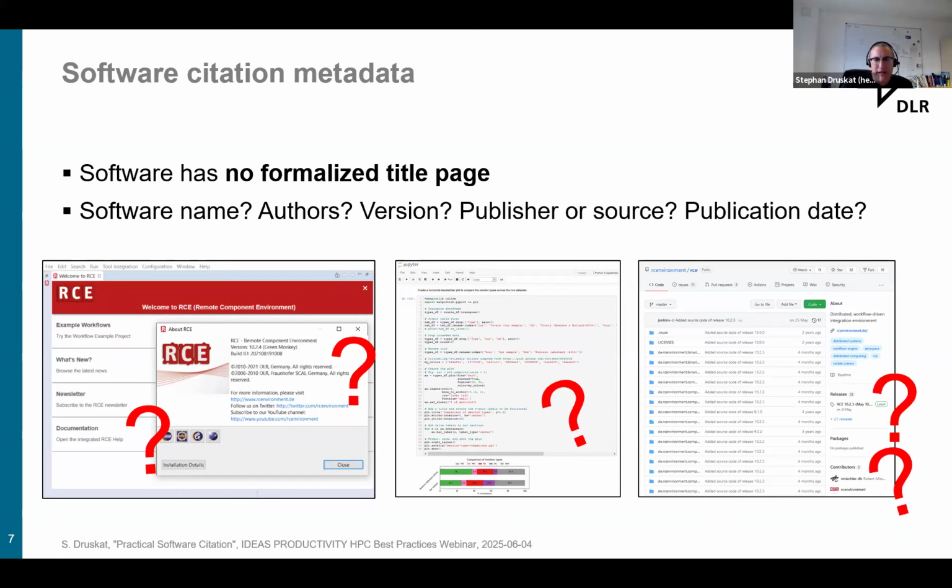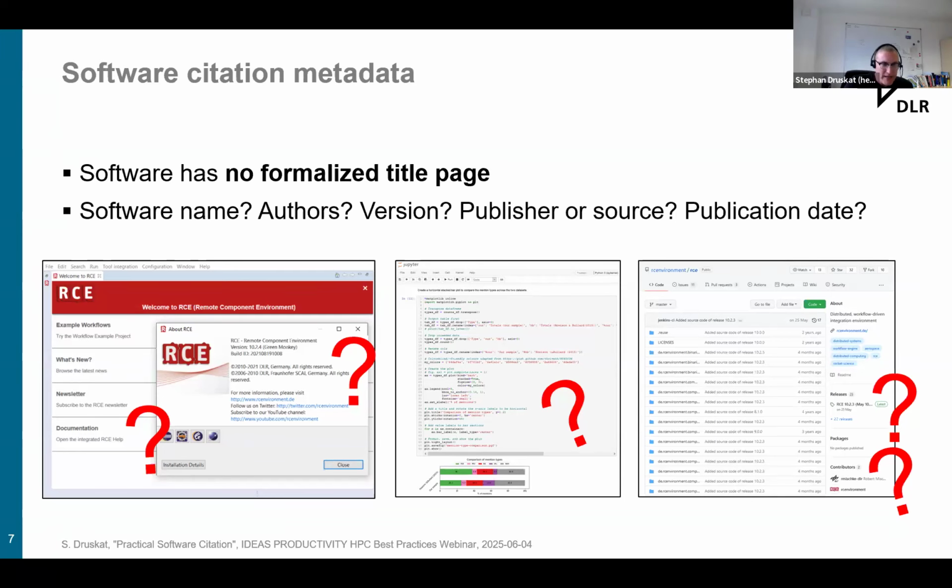Now, the software metadata that are needed for citation have to be defined and provided in a form that makes them usable, ideally both for people that find the metadata and want to cite software in their paper, but also for services that need the metadata in a machine-readable format.